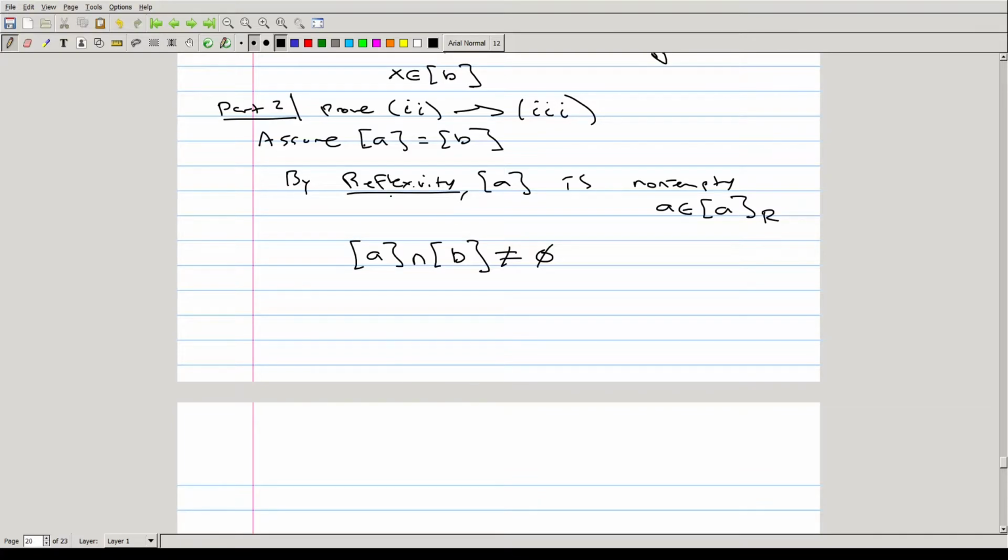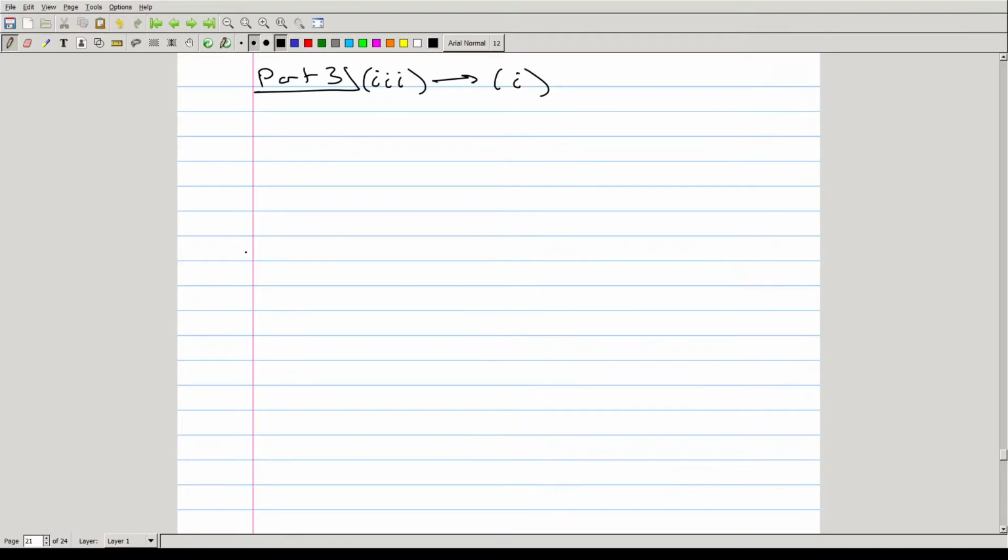And the reason is because we're assuming 2, which is that the equivalence class of A is equal to the equivalence class of B. So these two sets are equal to one another. We've shown that the equivalence class of A is non-empty, therefore, because these two sets are equal to one another, they share all of their elements in common. And because they're not empty, their intersection can't be the empty set. So this concludes part 2.